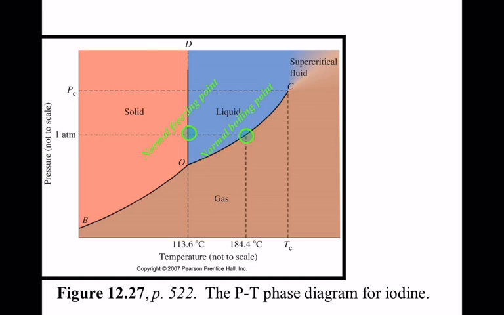So that, 184.4, that is the boiling point temperature right there. Normal boiling point temperature. And then over here, again at 1 atmosphere, this is your freezing point temperature, FP, 113.6.